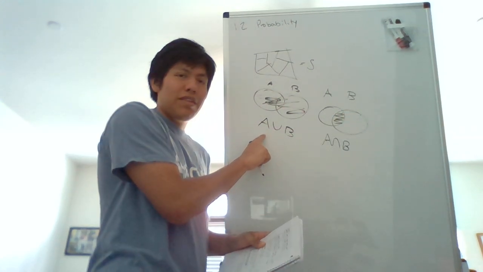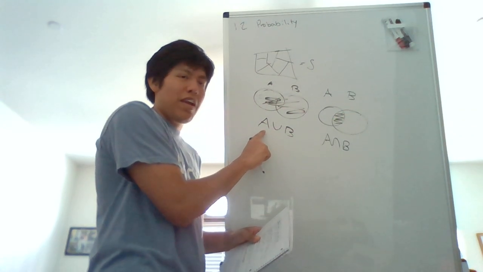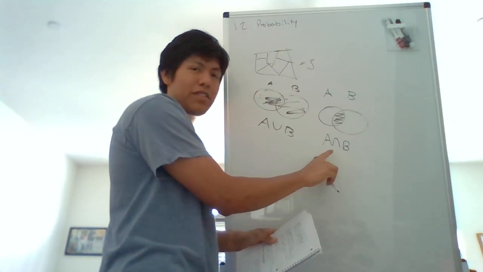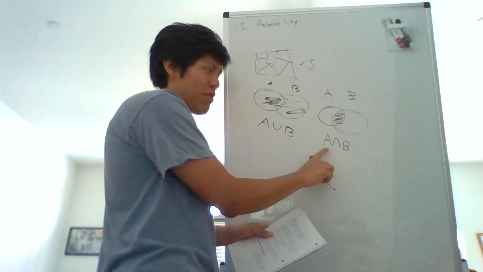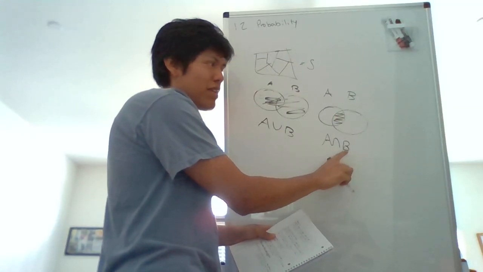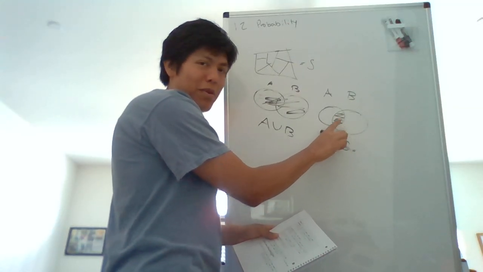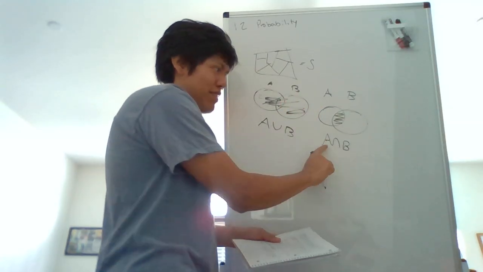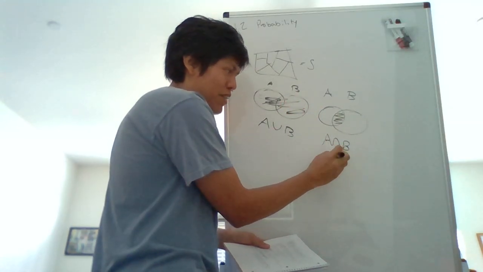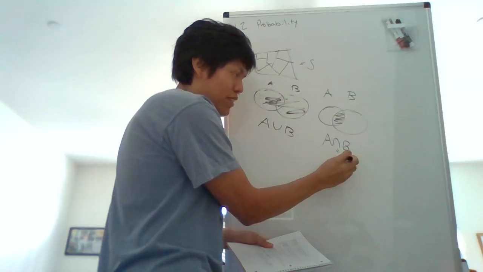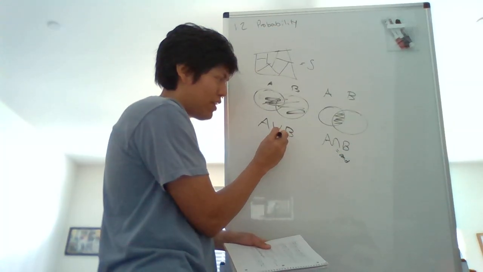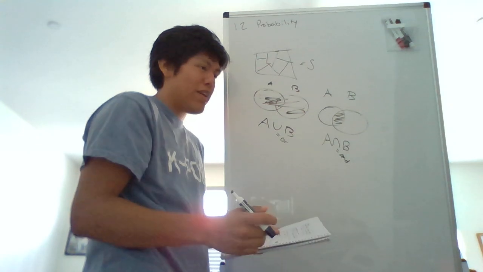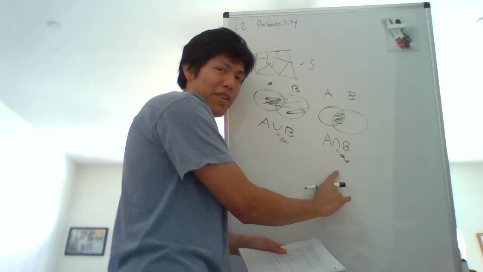So union is sample points that are in A or in B, which means it would be this entire area. The intersection is sample points that are in A and are in B, so that would only be that middle part right there, because they are in both A and B, which is what intersection means. Intersection is 'and', you can think of it like that, and union is 'or'. So the language is very important here.